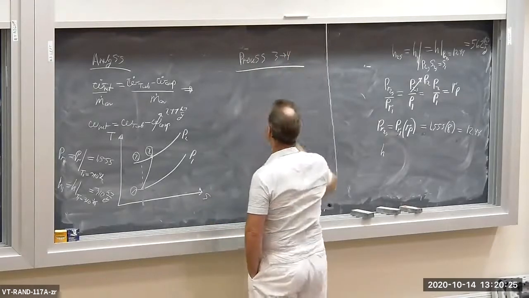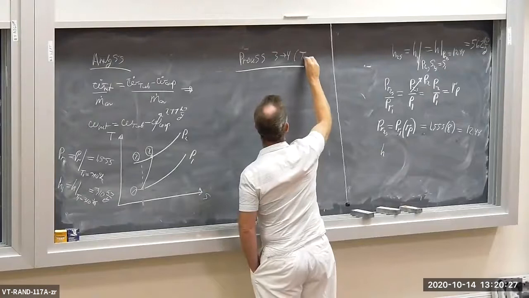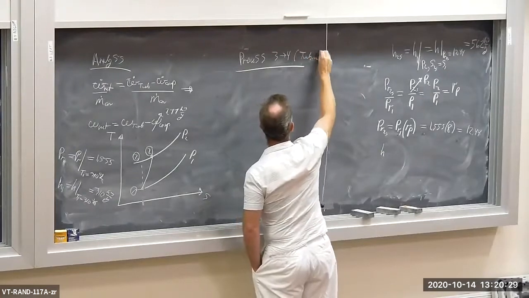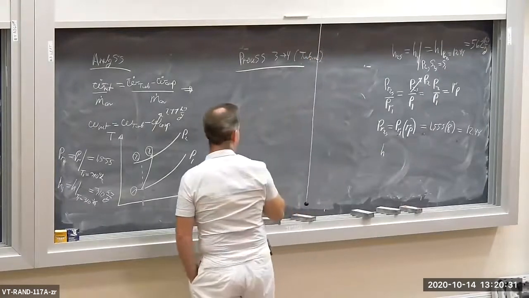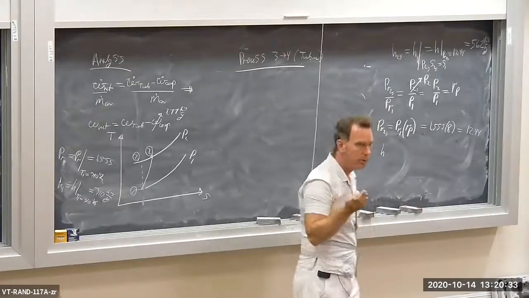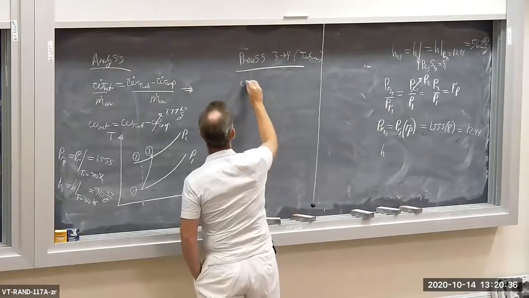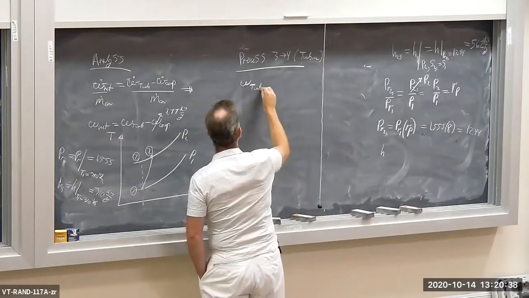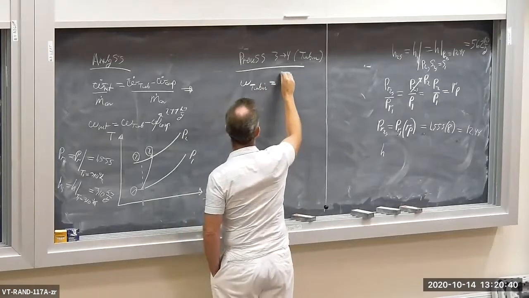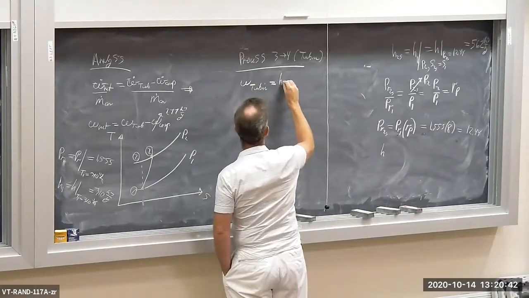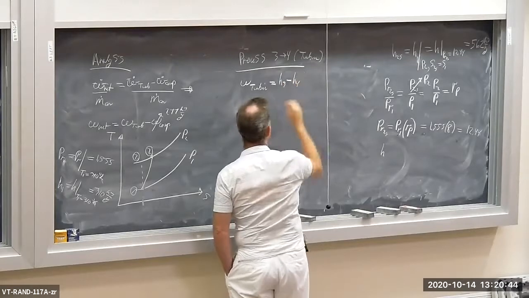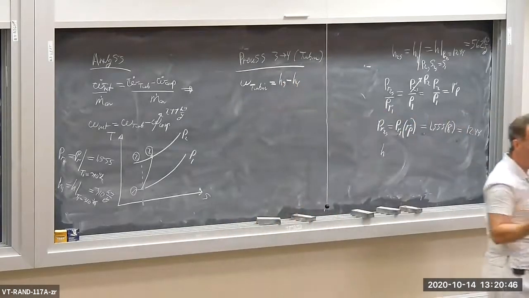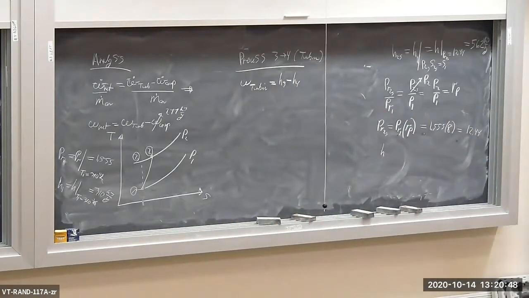This is expansion in the turbine. Again, if I write the energy balance, I'm going to get W turbine is equal to H3 minus H4, assuming no heat transfer, steady state, steady flow, no changes in kinetic and potential energy.